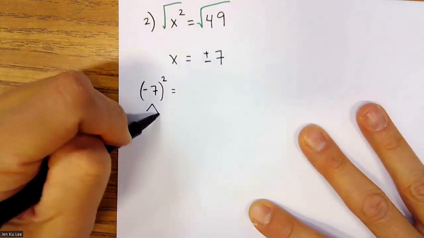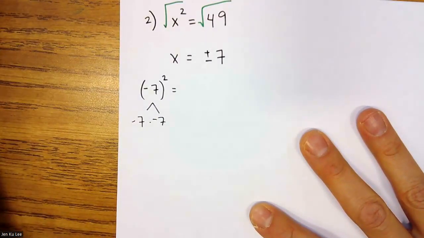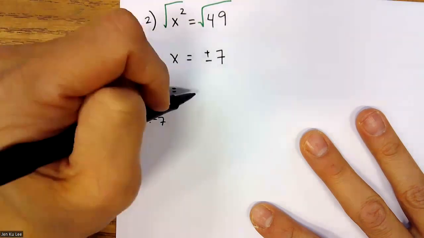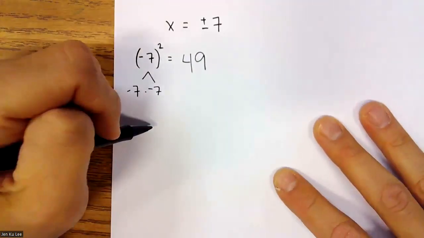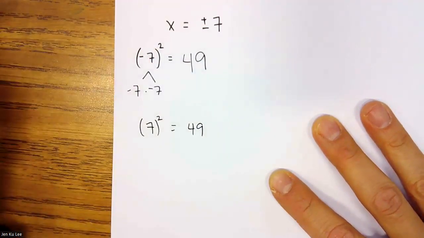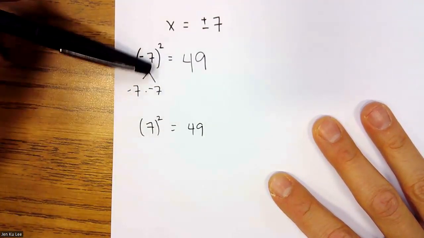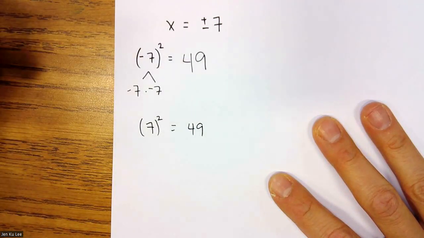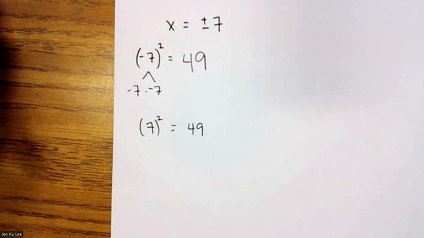Negative 7 squared breaks out to be negative 7 times negative 7. What is negative 7 times negative 7? Positive 49, right? And if I just have a 7 squared, I know that's also 49. So both the negative and the positive get me a value of positive 49. That's why you put the plus and minus in there.